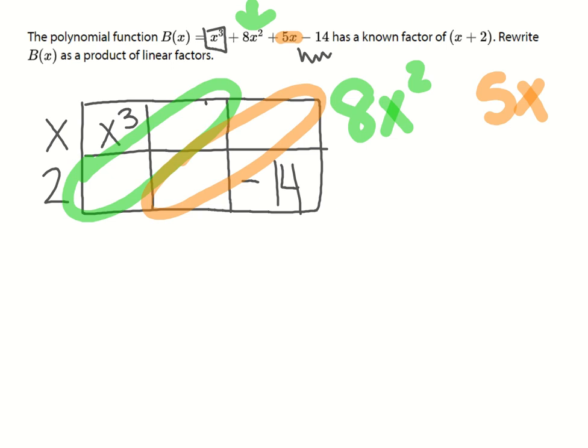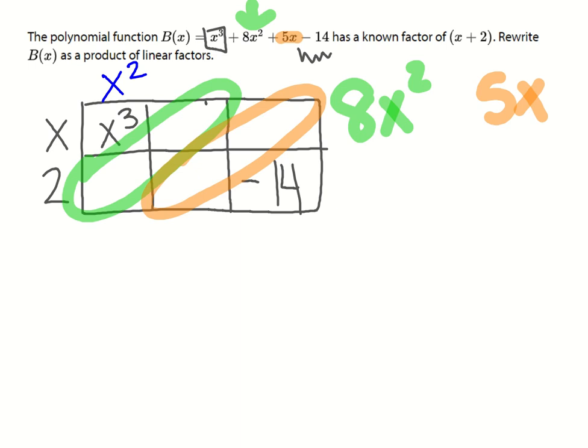So, let's start looking in our box. I know x times something has to give me x to the third. The only possibility there is x squared. So if I fill in my box, I know x squared times x gives me x to the third.